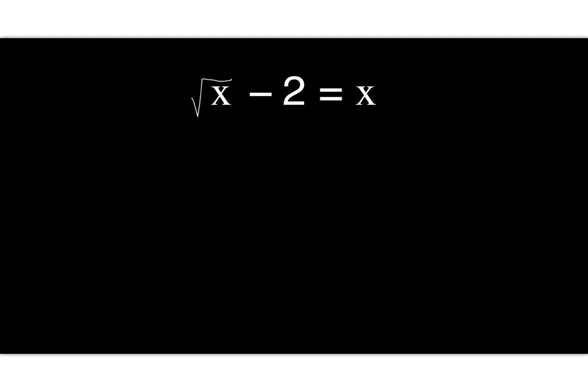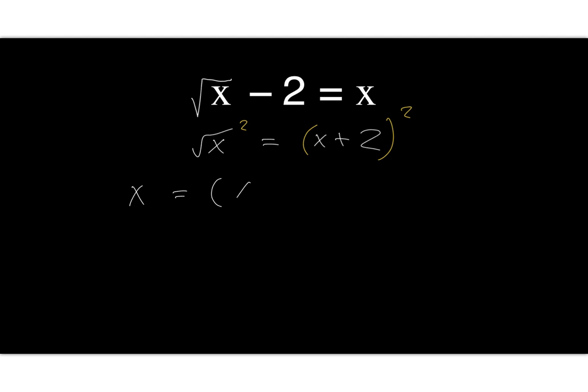Add another layer to it. Now we add 2 to both sides to get the square root all by itself. The inverse of square rooting is squaring. Over here we square the whole thing. On the left I have x.